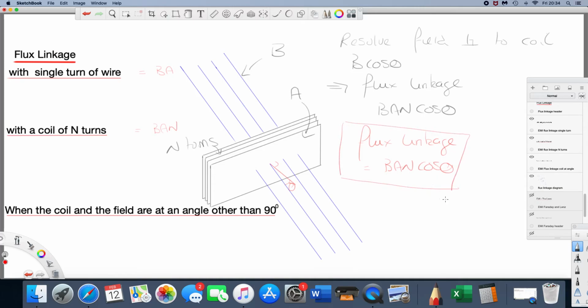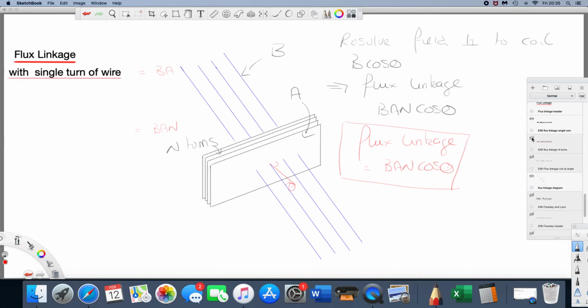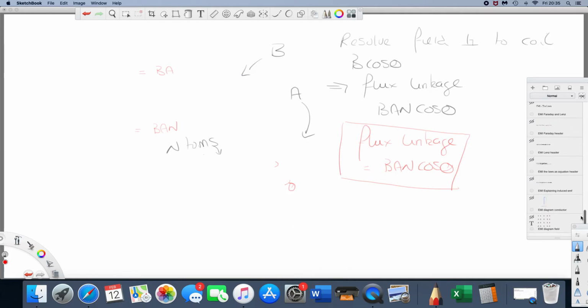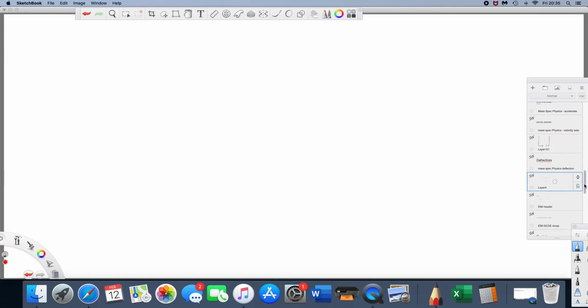Now let's look at the laws that pertain to electromagnetic induction. So there are two laws that we need to know about.